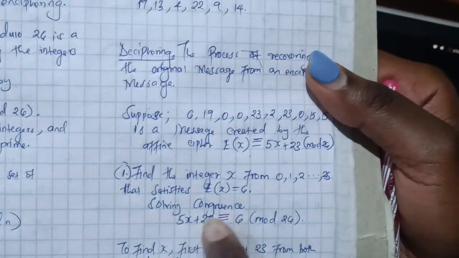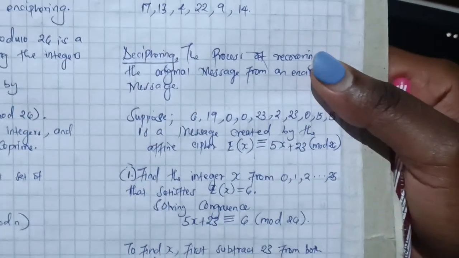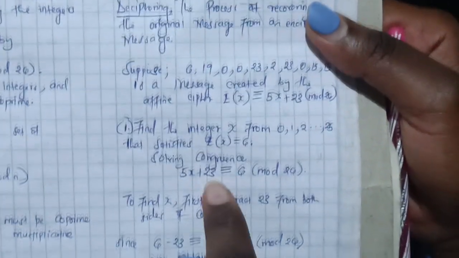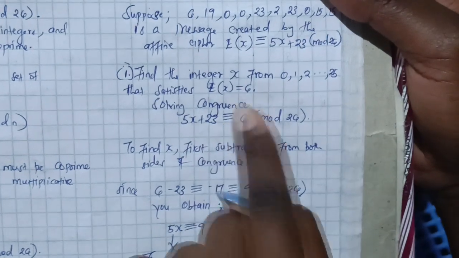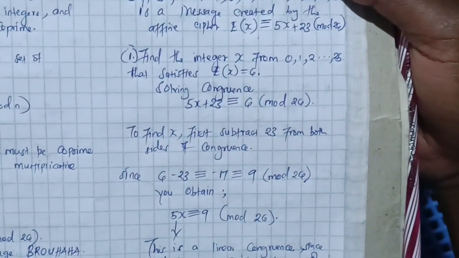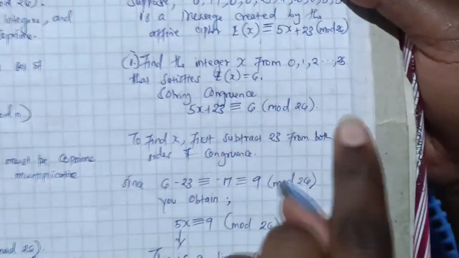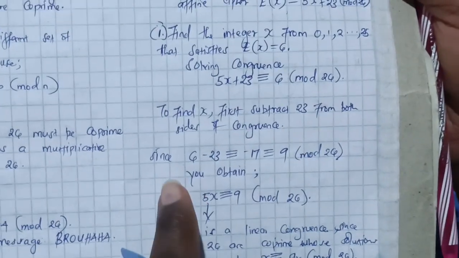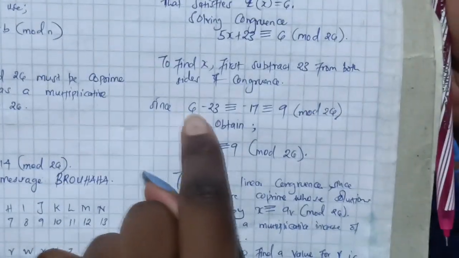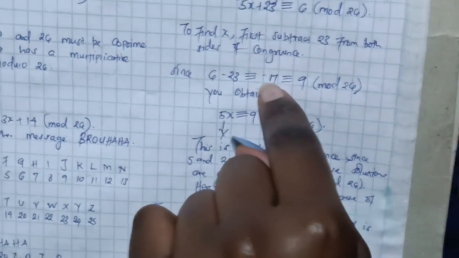The congruence is 5x plus 23 is congruent to 6 modulo 26. To find x, we subtract 23 from both sides. That results in 6 minus 23, which is congruent to negative 17.